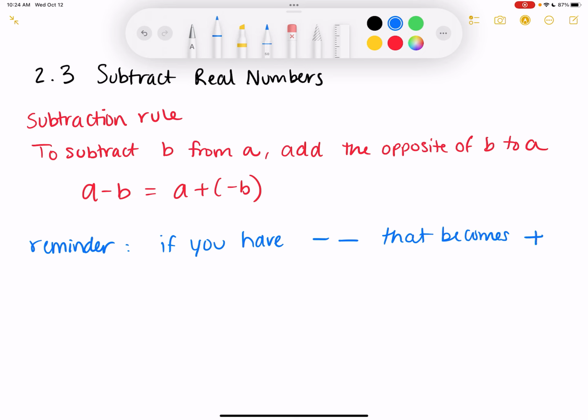So if we have minus a negative number, something like 3 minus negative 2, we add these together. So that would be equal to 3 plus 2, which would then be 5. So we can look at some examples of this.